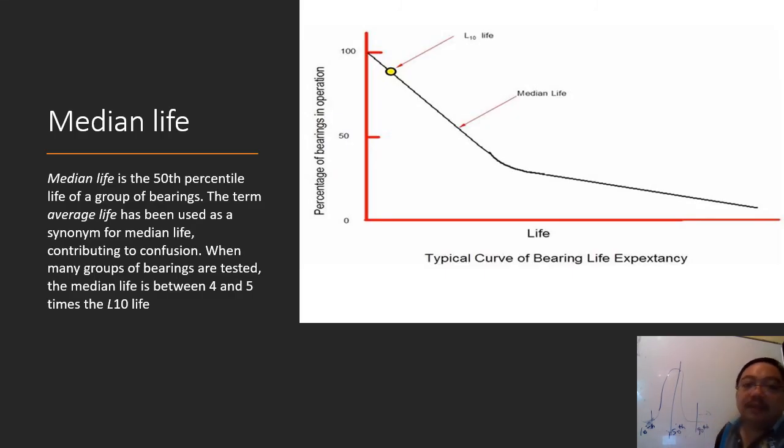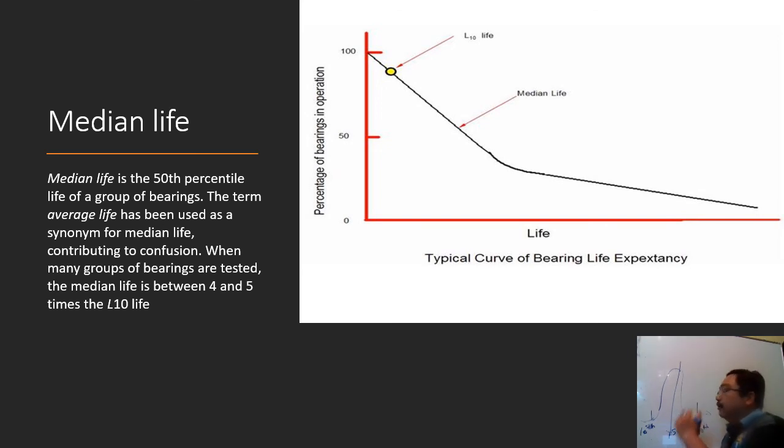This is the median life, the 50 percentile life in the group of bearings. The term average life is used as a synonym for median life, contributing to confusion. When many groups of bearings are tested, median life is between 4 and 5 times the L10 life. The same goes like this: this is the basic 10 percentile, 50 percentile, 90 percentile.